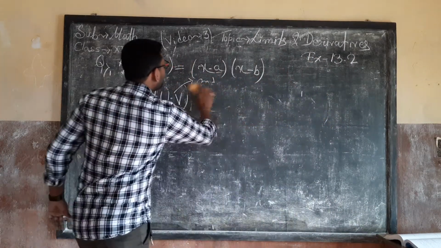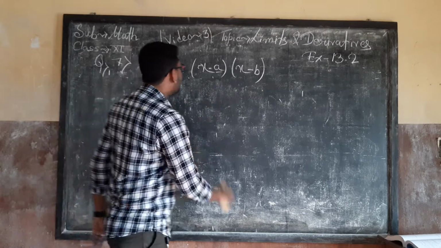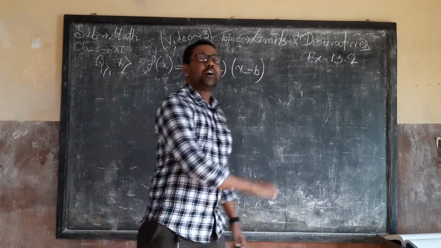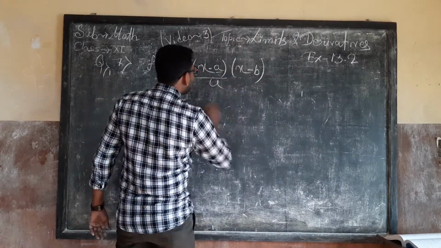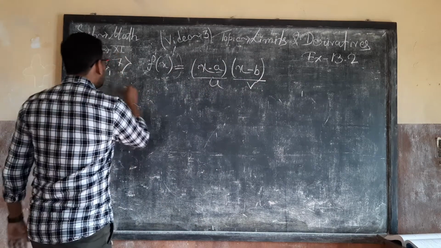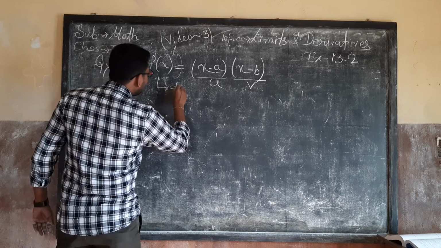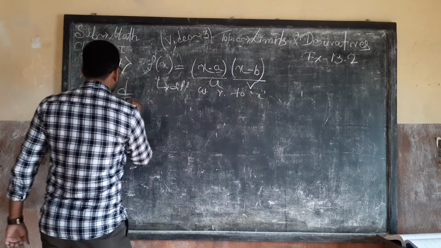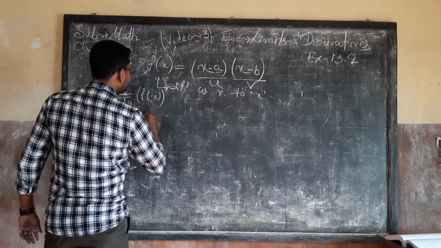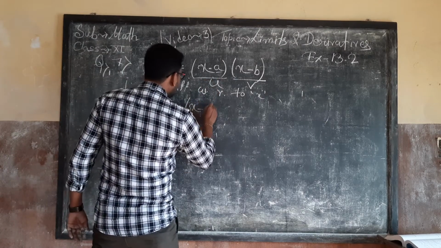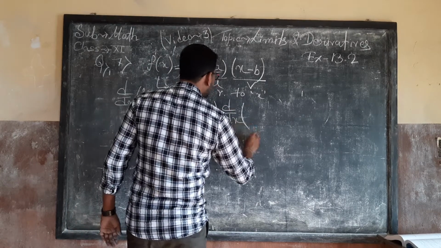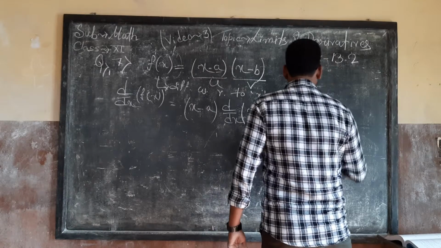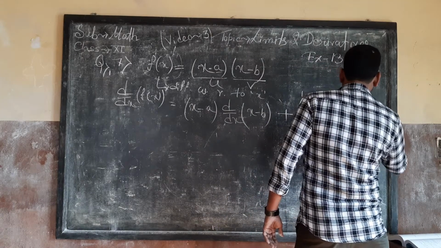So for this problem we will use this particular formula, because f(x) contains two different functions, and consider that this one is our first function, that is u, and this is v. Differentiating with respect to x, the derivative of f(x) is equal to (x minus a) times the derivative of the second function (x minus b), plus the second function times the derivative of the first one.